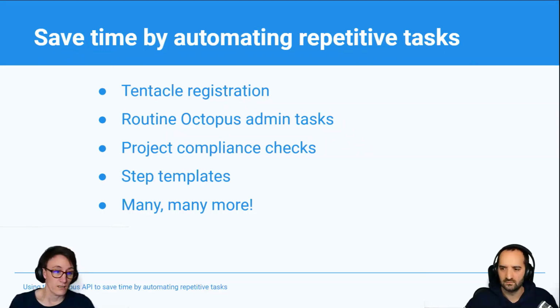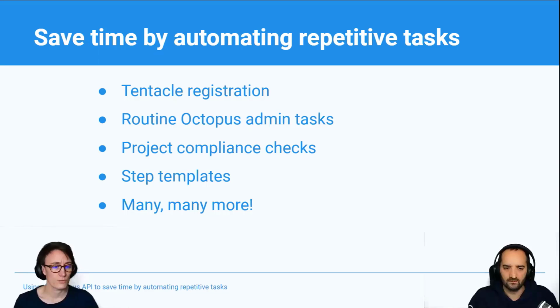Another one is performing routine Octopus admin tasks. So for my home lab, I've got a server set up for my main instance, but I've also got another instance running in Docker that calls in and does backups of my Octopus instance, upgrades, setting global retention policies, that sort of thing, tentacle upgrades.